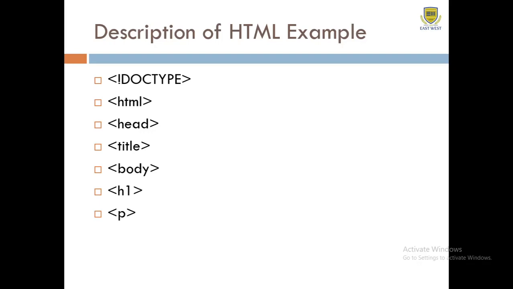Next is the head tag. It should be the first element inside the HTML, which contains the metadata, that is, information about the document you are going to create. It must be closed before the body tag opens, that is, the body of the web page. Next is the title tag.